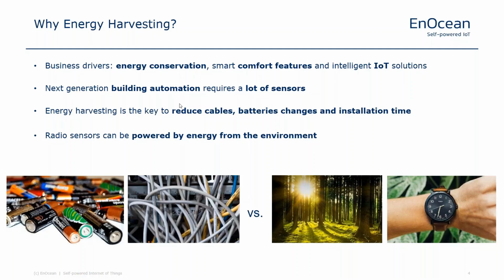And it is very important for these cases to reduce cables, also reduce battery changes or no battery changes, and also optimize installation time. Yeah, radio sensors can be powered from the environment. Yeah, we are doing this since nearly 20 years. And now we are getting into the details.